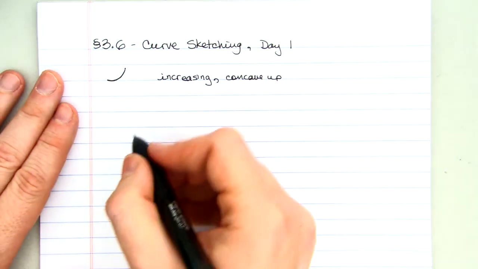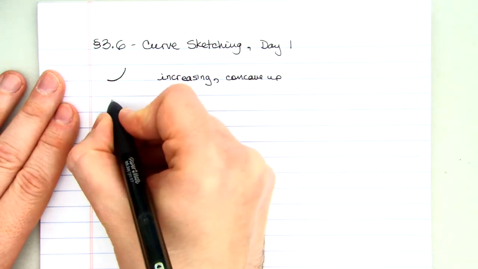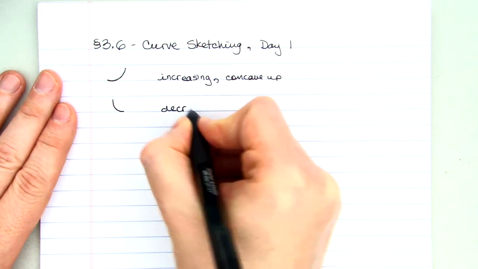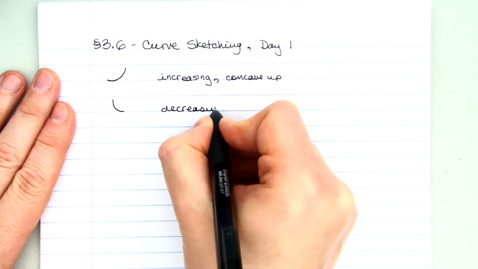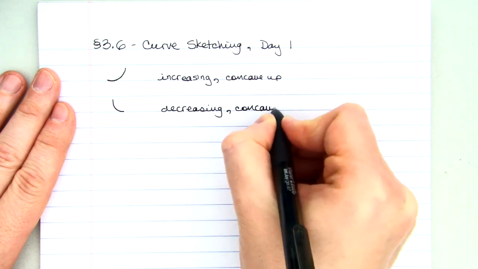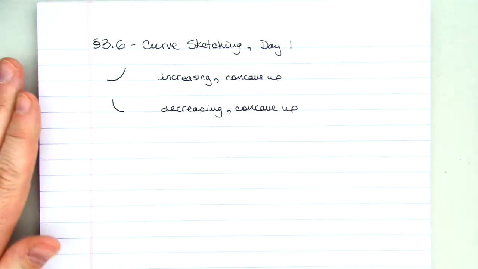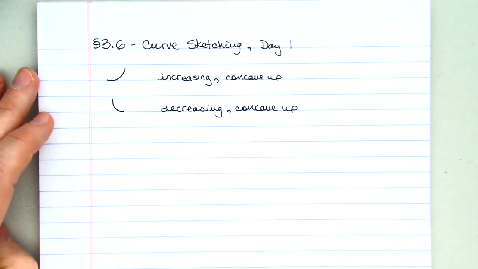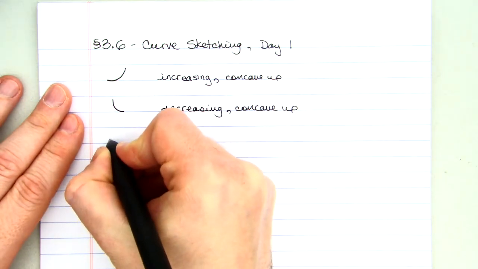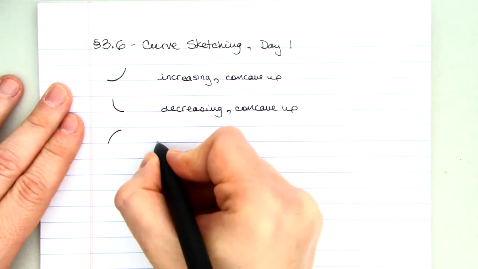Another shape that I can take on is something that is decreasing, but also concave up. Well, a third shape would be increasing, but concave down, like that.